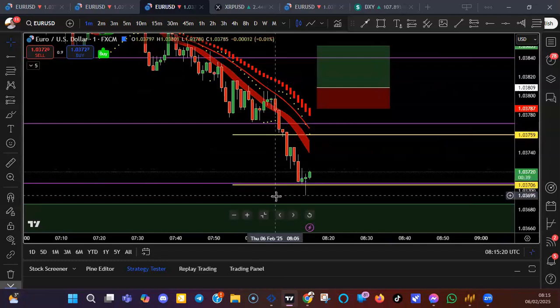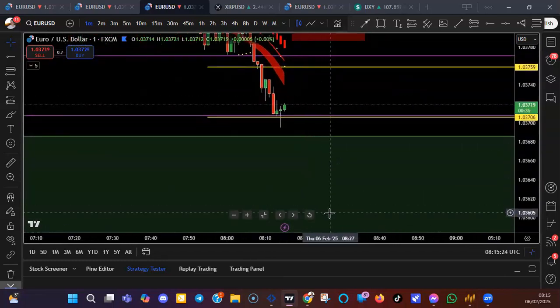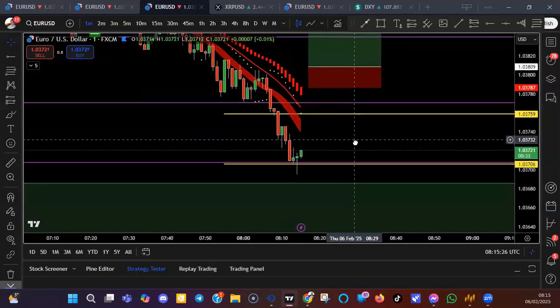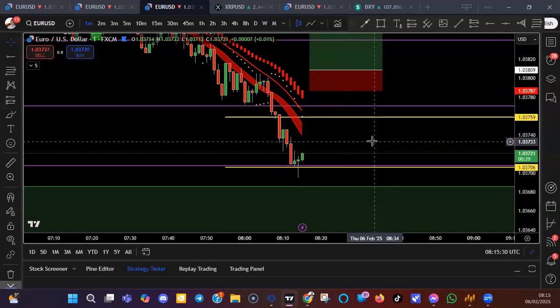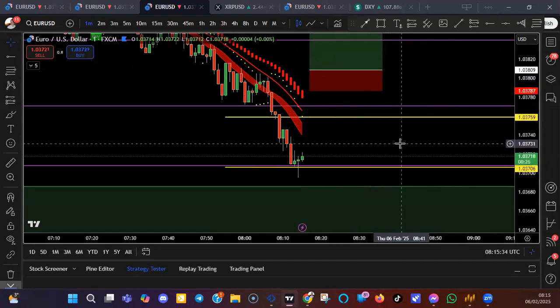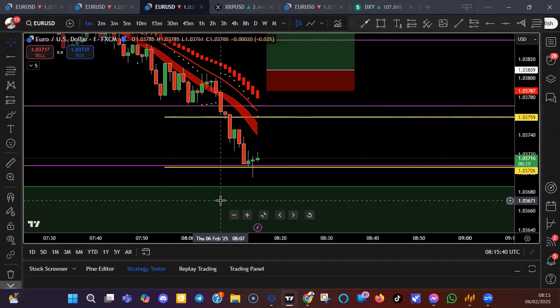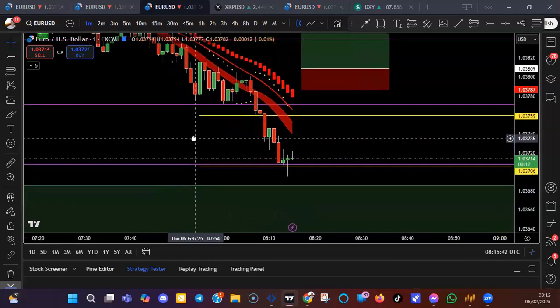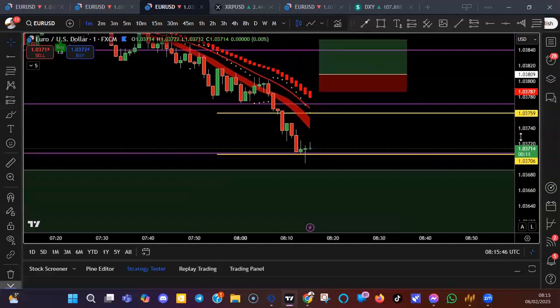But if it carries on down into this imbalance, it might do now, it might do later on during the day, it might even decide to do it next week. It's because this is a big 4 hourly daily imbalance, but it needs to be rectified to bring balance back to the market.